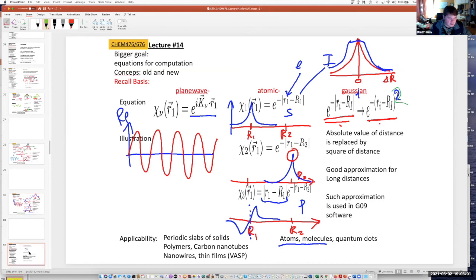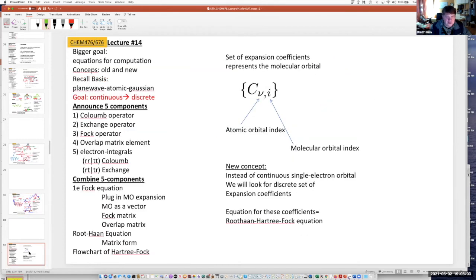So in order to define the molecular orbital for which we will have the Fock equation, we will use specific atomic orbitals.